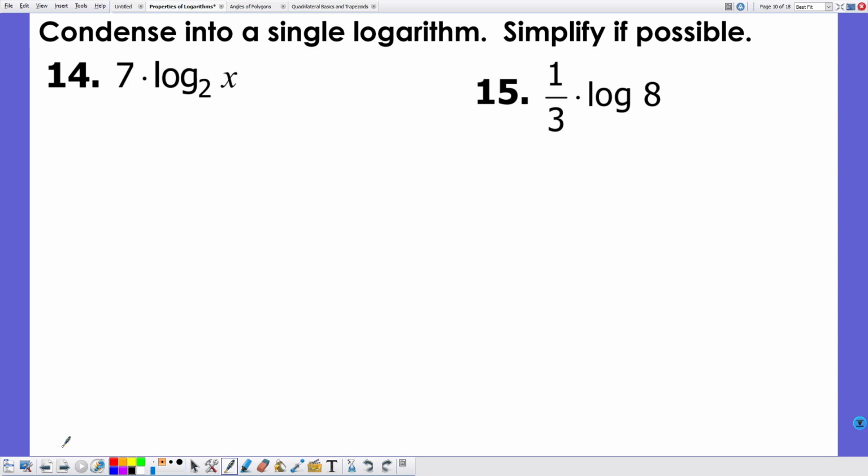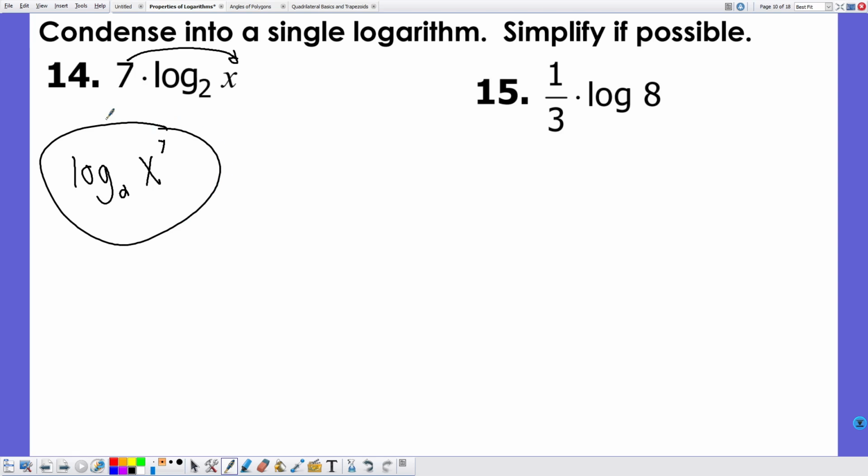So let's move on. Same idea. Move the 7 over as the exponent. So we have log base 2 of x to the 7th power, and we cannot simplify anymore, so we'll leave it like that. Now fractional exponents, always kind of a pain, but we're just going to move it over.